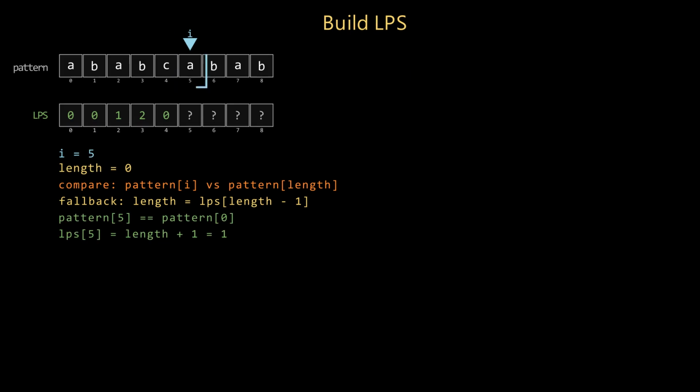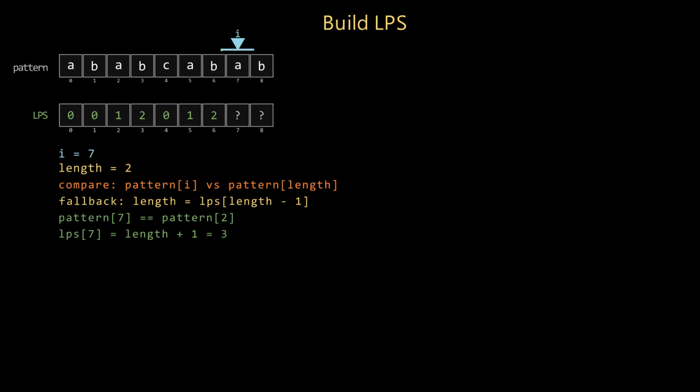For cell 5, compare pattern at I with pattern at length. They match, so length becomes 1, and LPS at 5 is 1. For cell 6, they match, so length becomes 2, and LPS at 6 is 2.